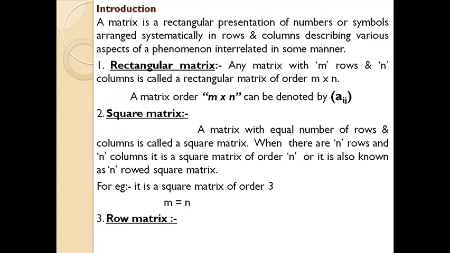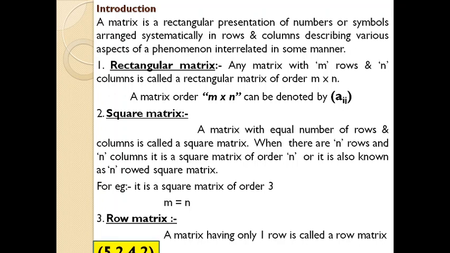Next one, row matrix. I hope everyone knows the term row. As the name suggests, a row matrix is a matrix that has only one row. A matrix having only one row is called a row matrix.